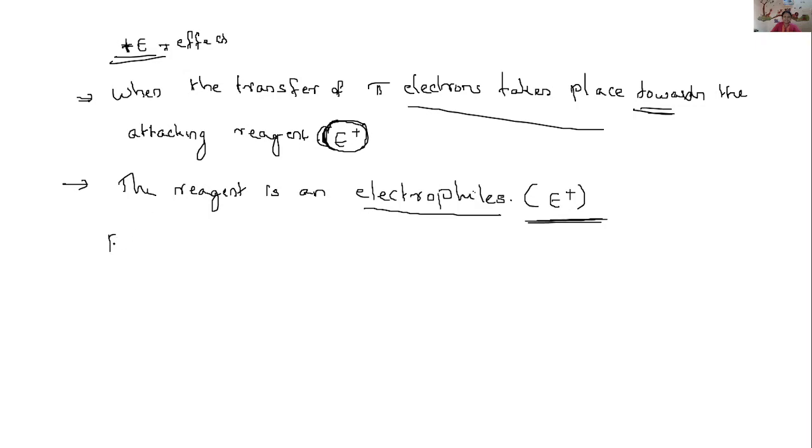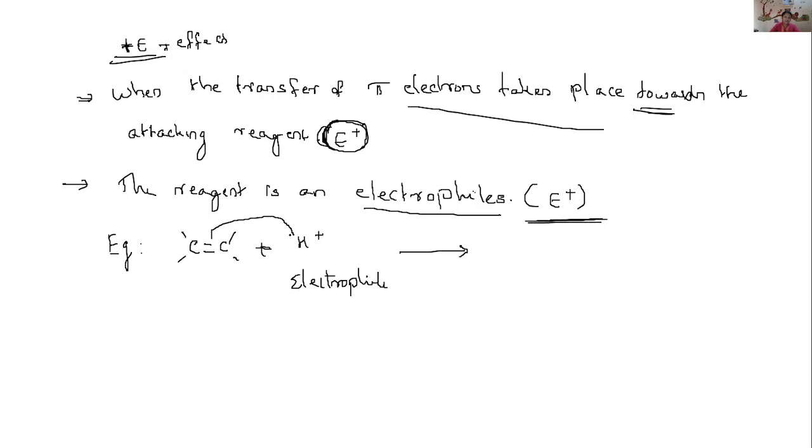For example, let's have an example for electromeric effect, which is plus E. C double bond C, an alkene, plus H plus. Here you know that H plus is an electrophile. So in the presence of H plus, what happened? The pi electrons get transferred towards the reagent.